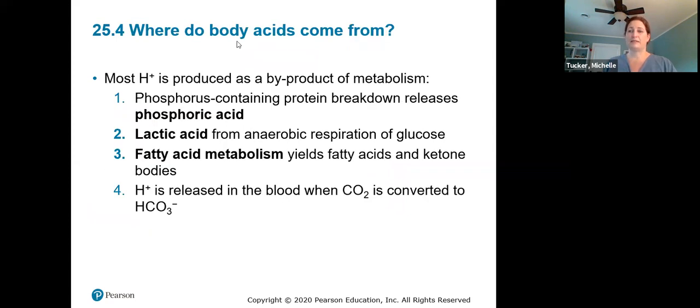Where do body acids come from? So we have already discussed that our normal arterial pH is 7.35 to 7.45. In a healthy individual, we are usually adding hydrogen through metabolism.